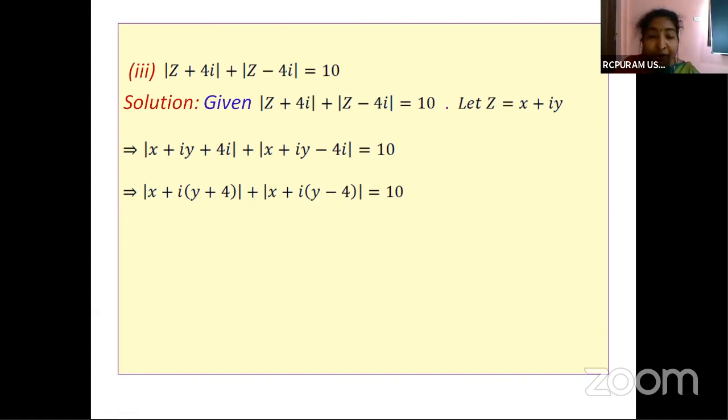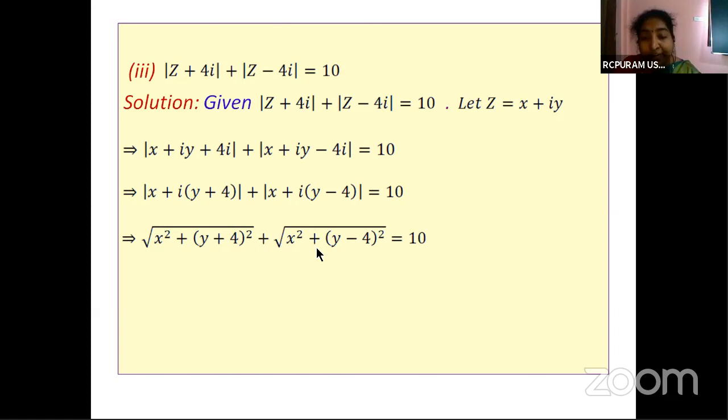We'll find the modulus for both the terms on our left hand side. Then we will have root of x square plus y plus 4 whole square plus root of x square plus y minus 4 whole square is equal to 10. We will try to take one of the terms on our left hand side to the other side.